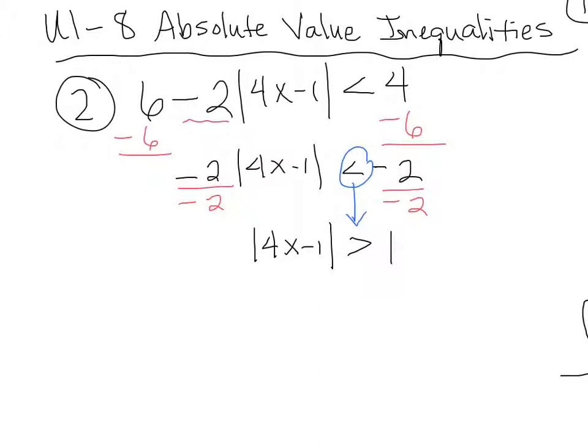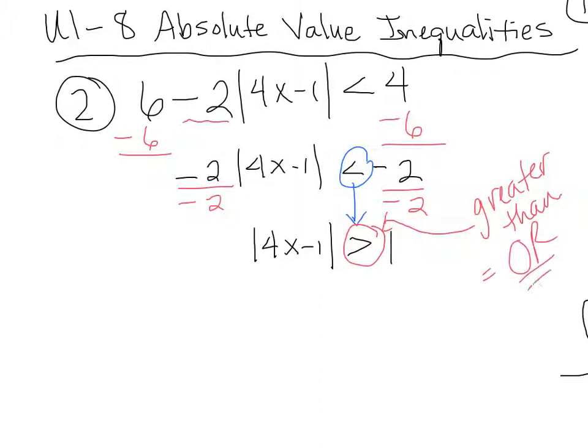Now that our absolute value brackets are by themselves and there's nothing on the outside, we take a look at that symbol in the middle. Now it's a greater than sign. And a greater than sign means it's an OR graph. We'll see that the number line at the end definitely looks different.